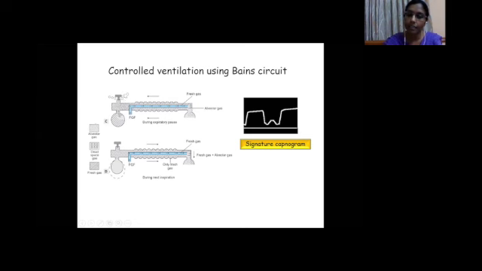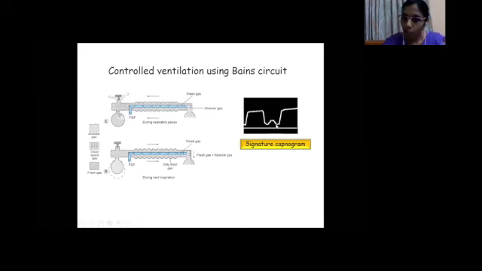The alveolar gases get pushed out through the expiratory valve, but a small portion of the alveolar gas can remain there. During the next inspiration, in the initial portion, the gas that goes in is basically the fresh gas, which does not have any carbon dioxide in it. But during the later phases of inspiration, some amount of alveolar gas can enter. And that is what produces a hump in the later portion of inspiration.